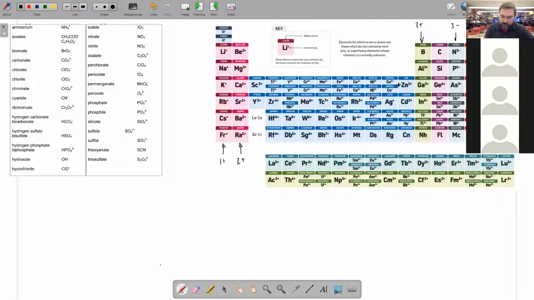The transition metals can have different numbers of charge. So all these transition metals can have multiple charges. For instance, there's iron 2 and there's iron 3, right here. Besides the elements on the periodic table, there's also these polyatomic ions.